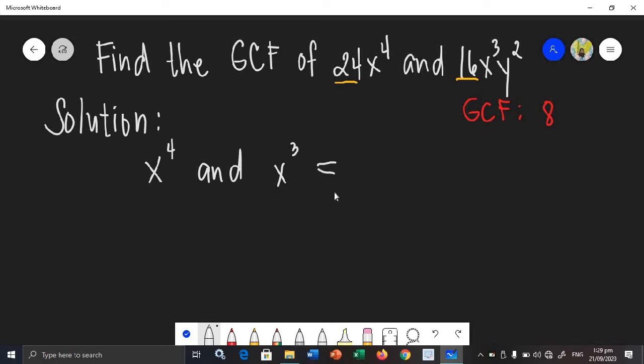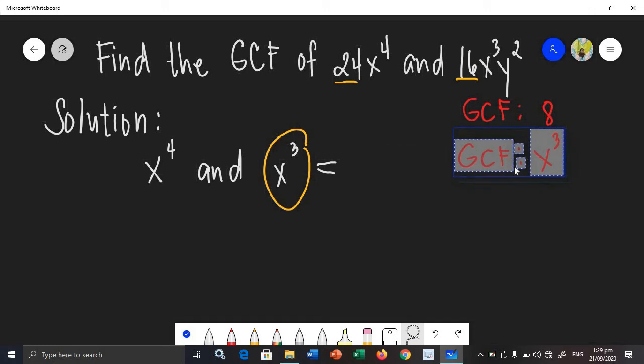Or sino sa kanilang dalawa yung may mababang degree or exponent? Of course, this one. Okay? So, therefore, ang GCF nitong dalawang to ay x cubed. Okay? Kasi ang kukunin nga natin is yung may mababang degree.